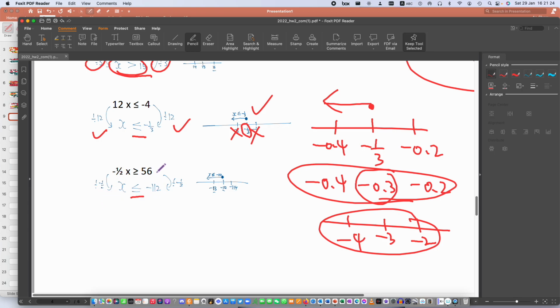So switch sign. Divide by negative half. Negative 112. So once again, how do you decide? Give an example. Yeah. So do you think your negative 1/3 and negative 1/4 are placed correctly? No. How do you know it's not correct?